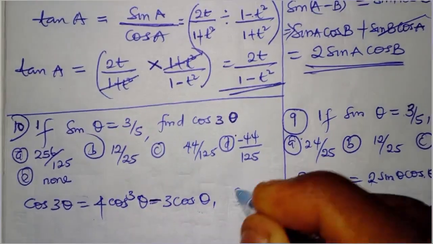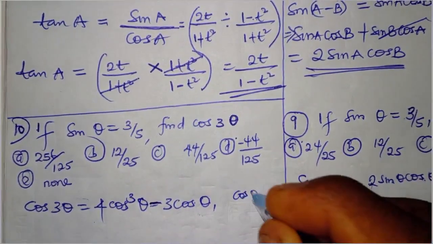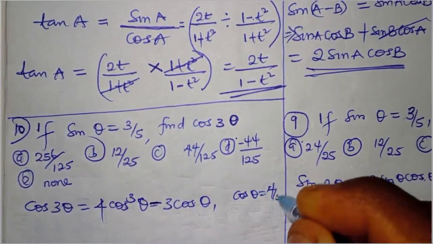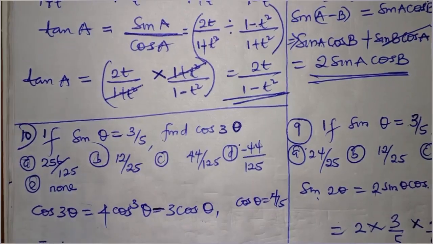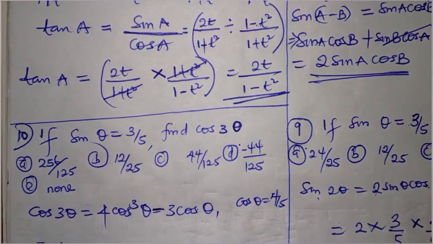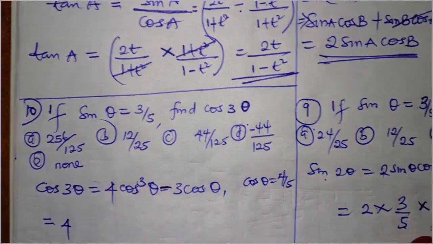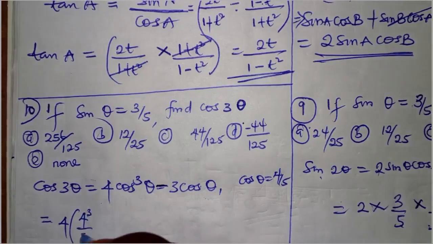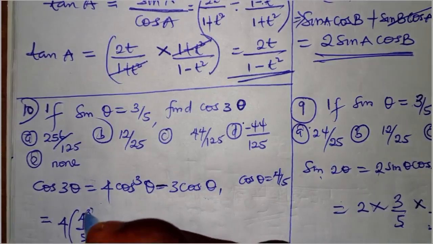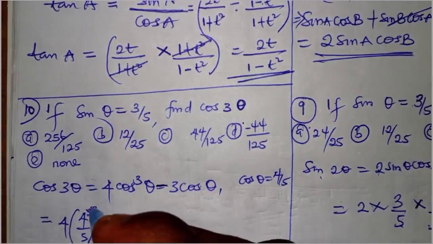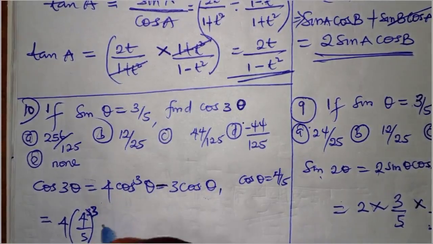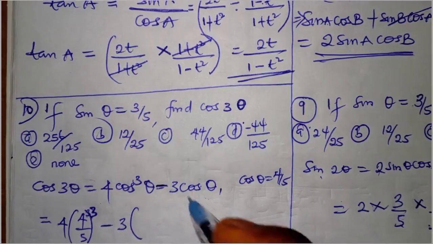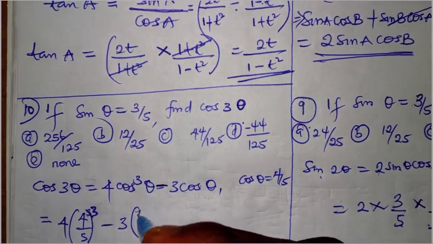So 4 into cos cube theta will now be the cube of 4 over 5, minus 3 into cos theta, which is still 4 over 5.